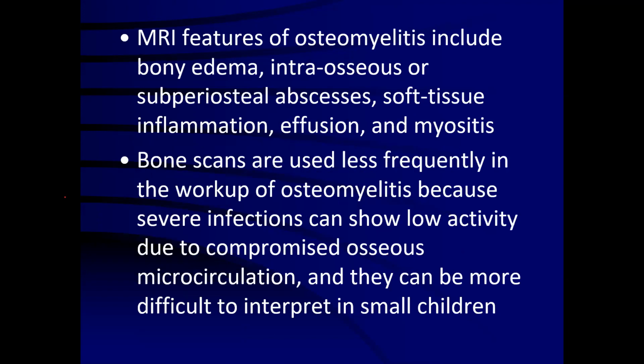MRI features of osteomyelitis include bone edema, intraosseous or subperiosteal abscess, soft tissue inflammation, effusion, and myositis. Bone scans are used less frequently in the workup of osteomyelitis because severe infections can show low activity due to compromised osseous microcirculation and can be more difficult to interpret in small children.